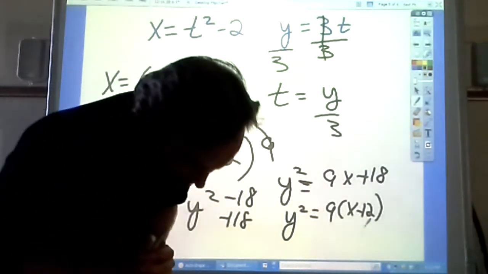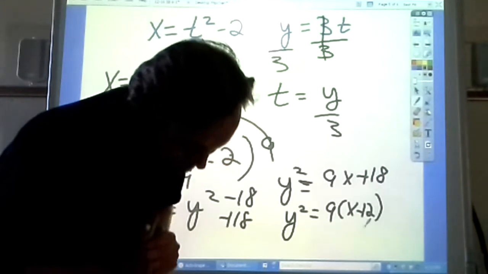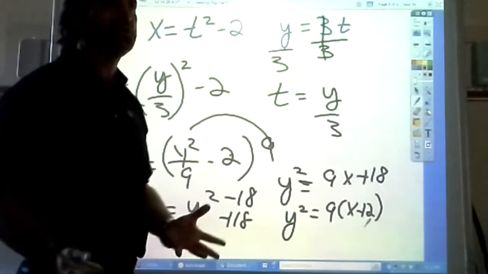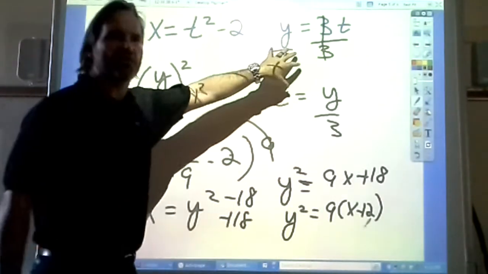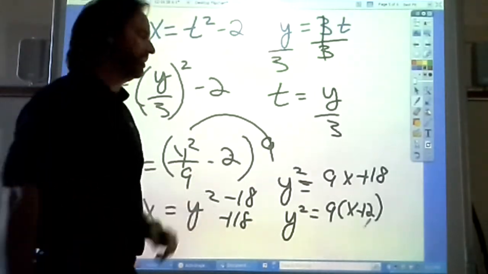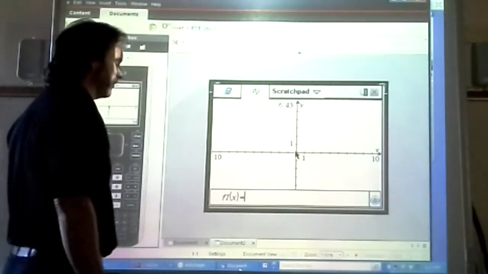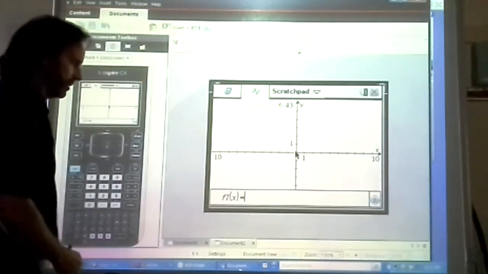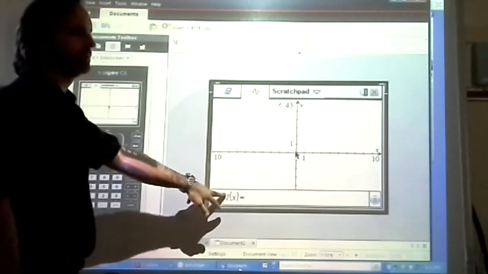And in this example, it says eliminate the parameter, identify the graph of the parametric curve. There are different ways you can graph it. The big thing is solving for t, getting t by itself, so t equals, and substituting back in. I can graph this with a function of x, or y equals.